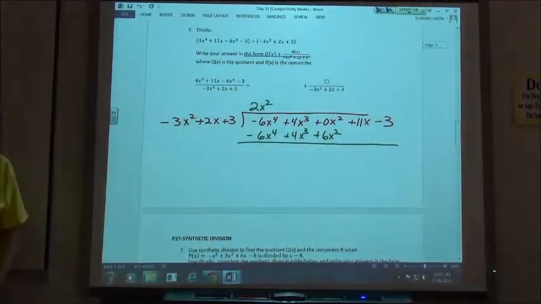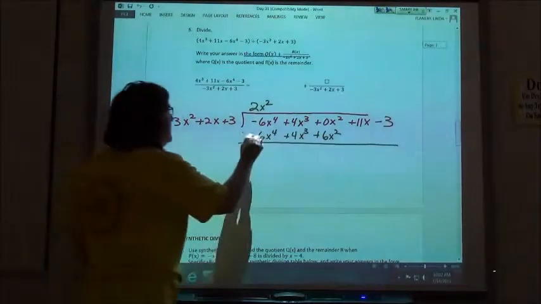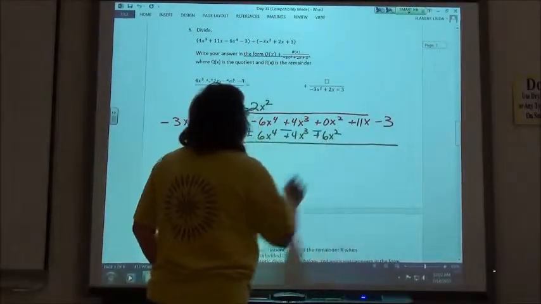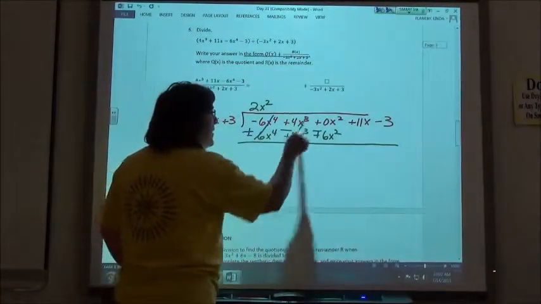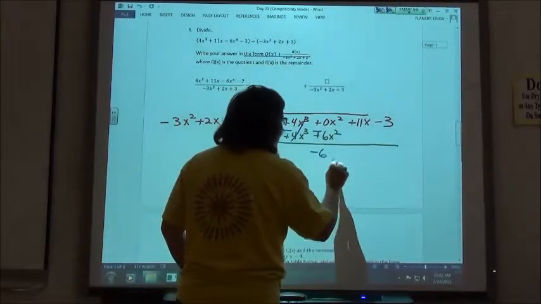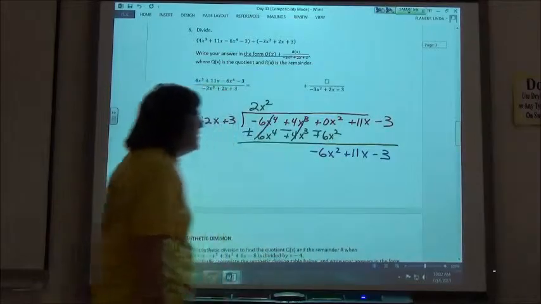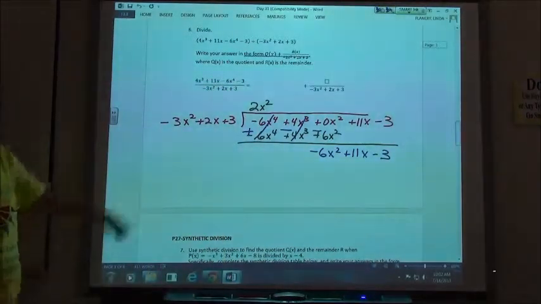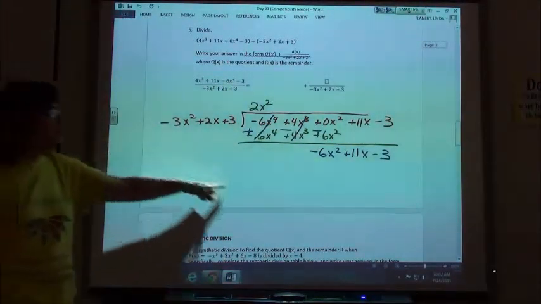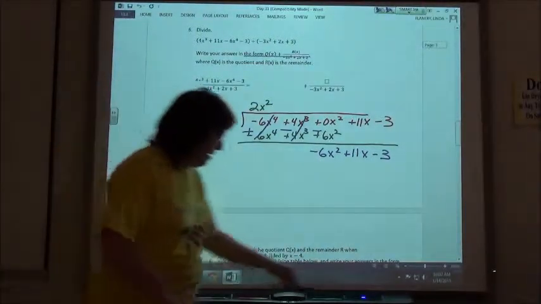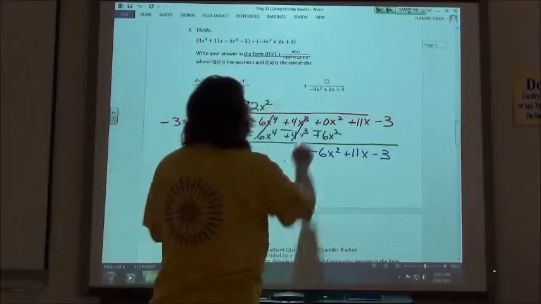But then we have to subtract, so we change all our signs. That cancels, and so we have negative 6x squared plus 11x minus 3. So what times negative 3x squared gives us negative 6x squared? Positive 2.